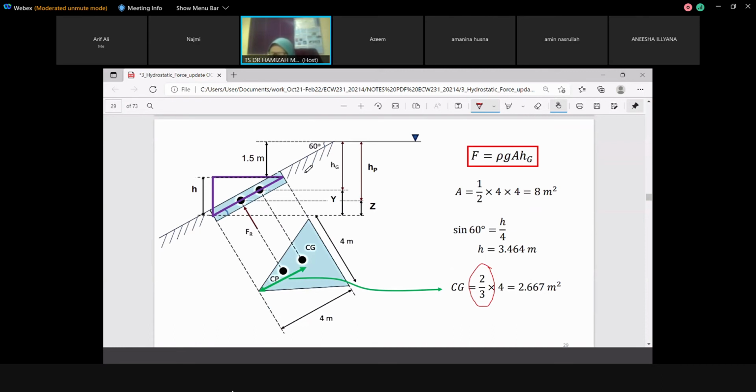So 2/3 darab 4, you have 2.667. So the area ialah area of triangle, half times the base 4 and the height 4.